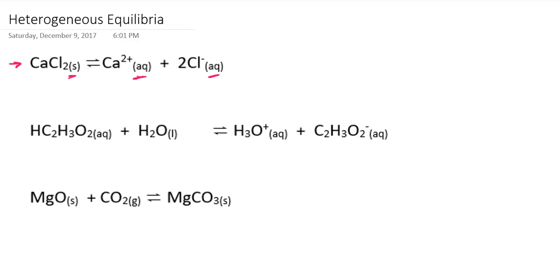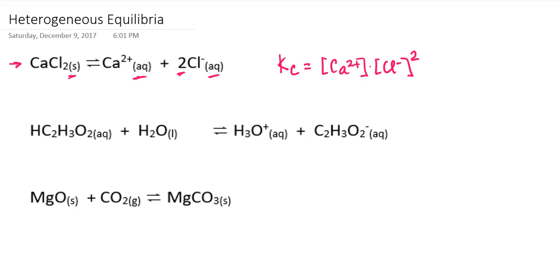And so if I were to write Kc for this reaction, then I would write the concentration of my calcium cation times my concentration of my chloride ion squared, because again of the stoichiometric coefficient of 2 in front of the chloride ion.